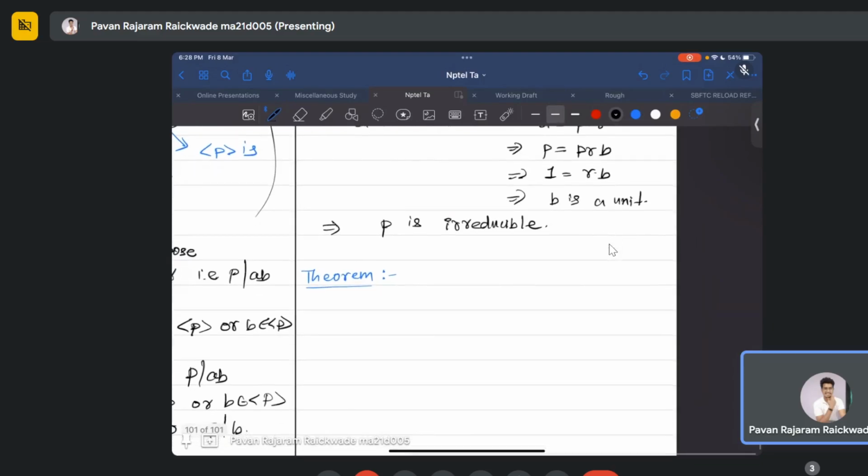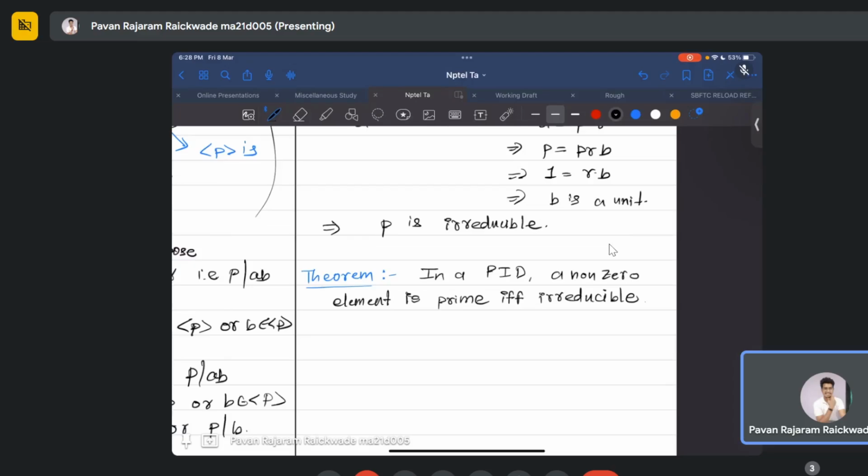Theorem: in a PID, that is a principal ideal domain, a non-zero element is prime if and only if it is irreducible.